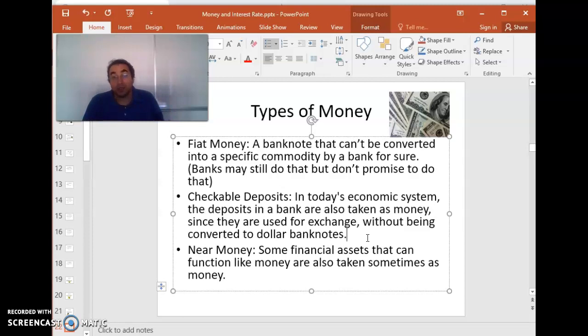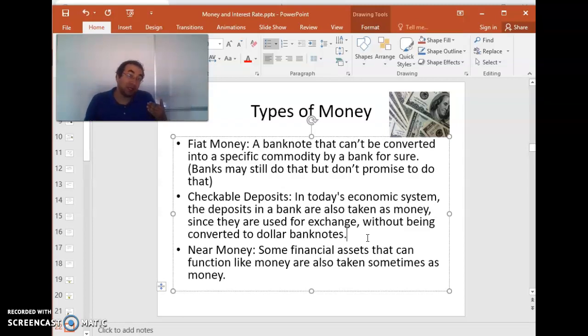And then you have near money. That's other types of financial assets, like for example stocks, or government bonds. A government bond is a piece of paper with which you can take money from the government regularly, and at the end of a certain period, a certain fixed amount back. So those things can also be used as money.